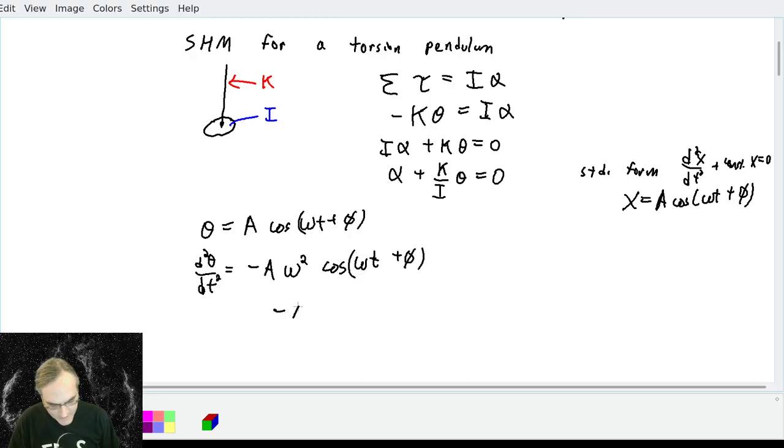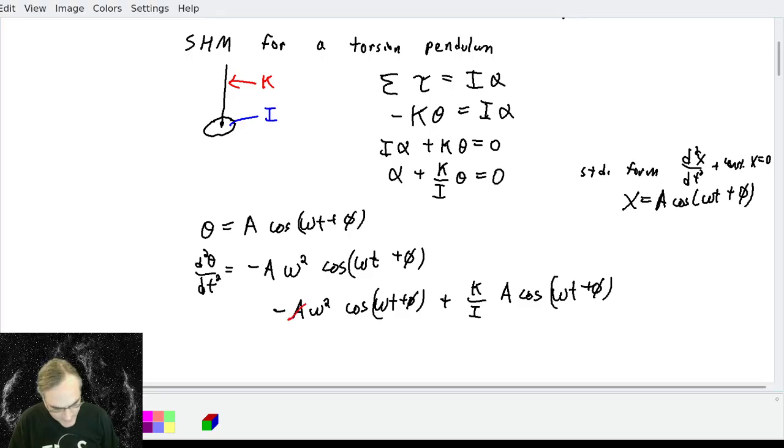So we get minus A omega squared cosine of omega t plus phase, plus kappa over I, the moment of inertia, times A cosine of omega t plus phase, equals 0. We can cancel out the A, and the cosine can go away as well, and that tells us that minus omega squared plus kappa over I is equal to 0.